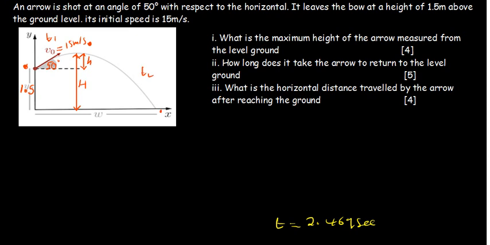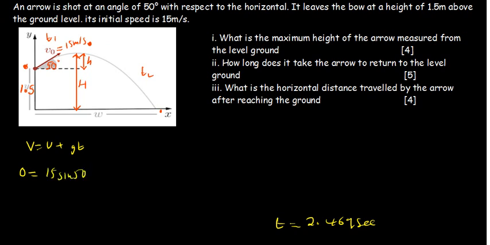So for T1, we are going to say that v is equal to u plus gt. Now we know that the final velocity at that maximum point, the final velocity here in the y direction, is going to be 0, all right? The initial velocity in the y direction, whenever you're using g in projectile motion, should be in the y direction. So initial velocity is 15 sin 50.